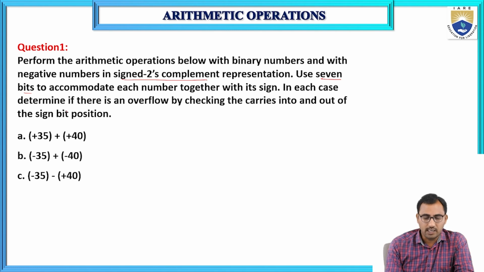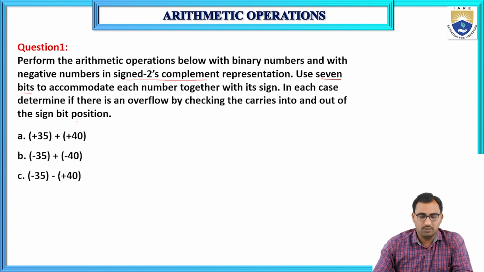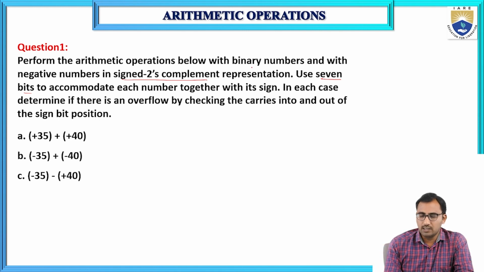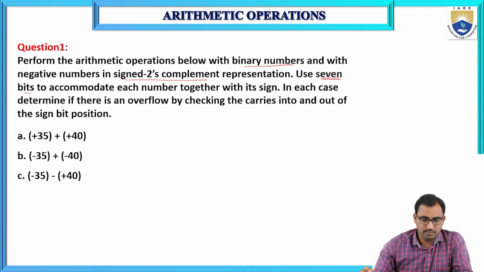In each case, determine if there is an overflow by checking the carries into and out of the sign bit position. So we are going to perform the arithmetic operations with binary numbers, with negative numbers in signed 2's complement representation, and we are using 7 bits in order to represent the number.